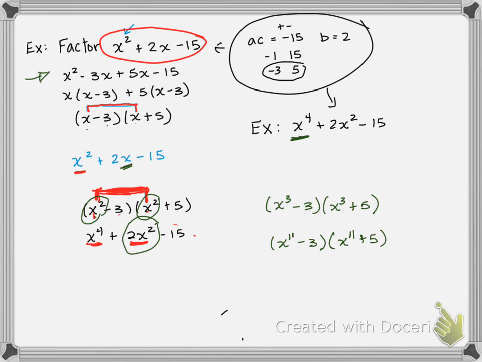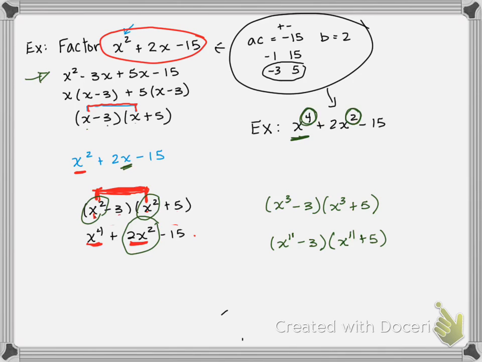So the only way for this to factor is if this exponent is half of that exponent, because the first term has to contain twice as many factors of whatever the variable term is in the middle. You guys seeing it?